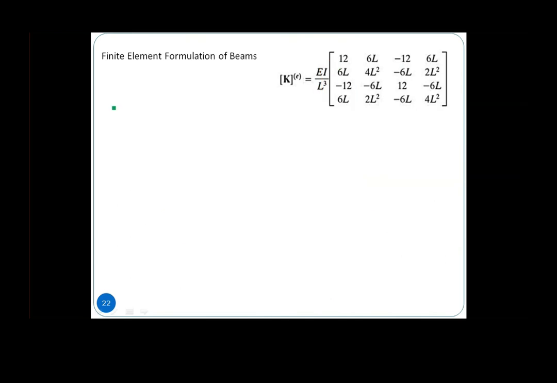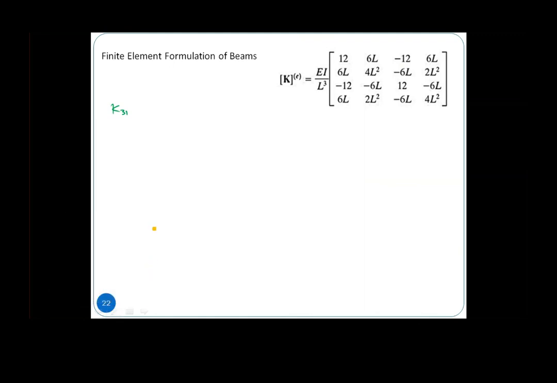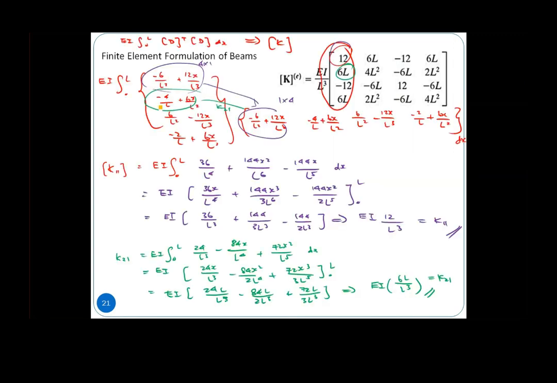I mean K31. So K31, if I'm using another color, you probably need to have this multiplied with this again, that gives you K31.